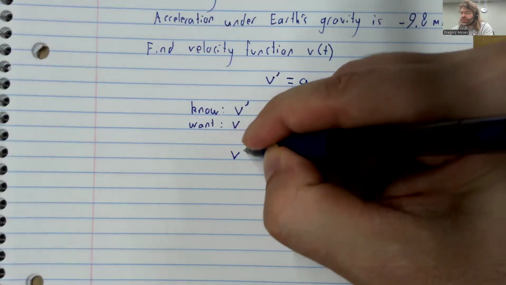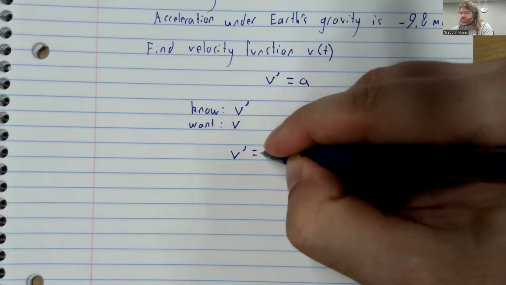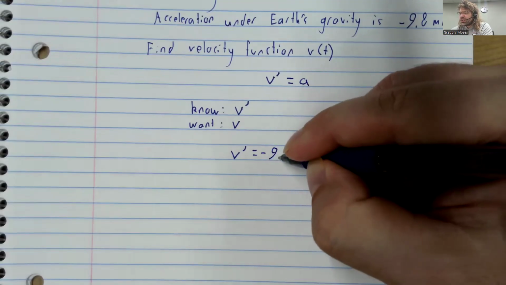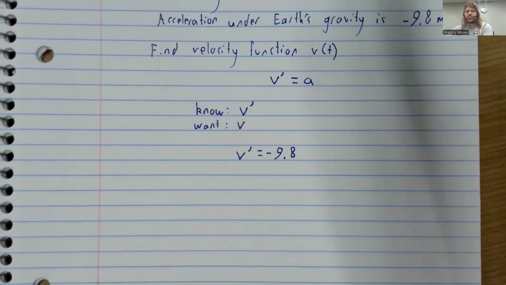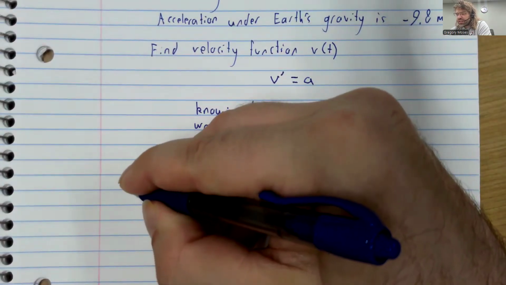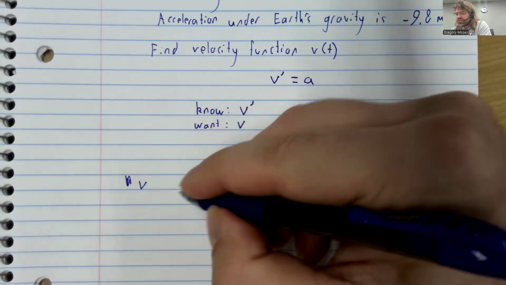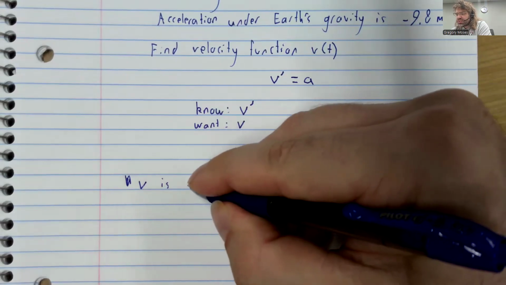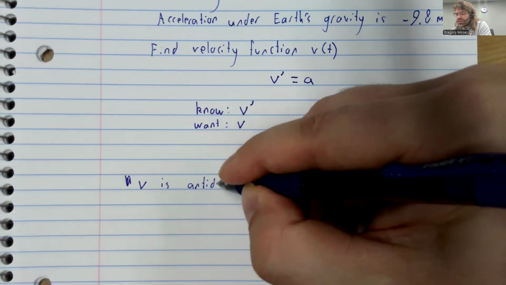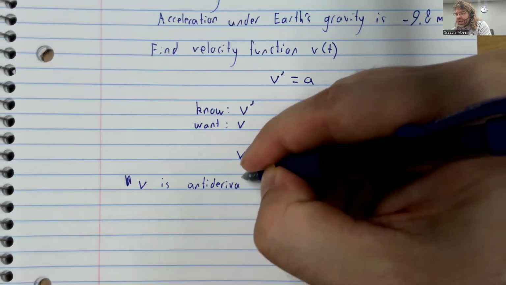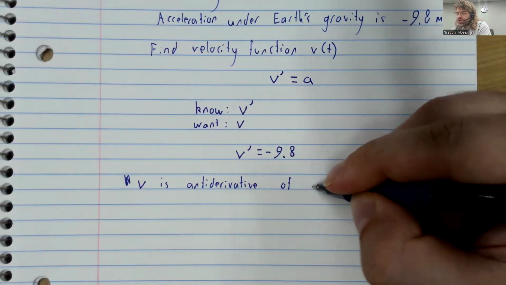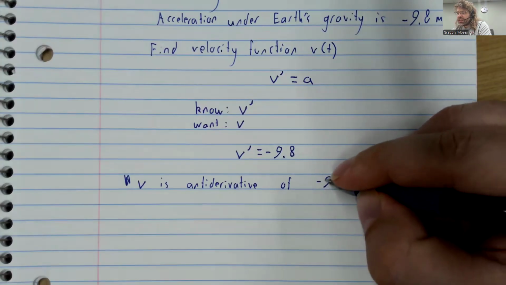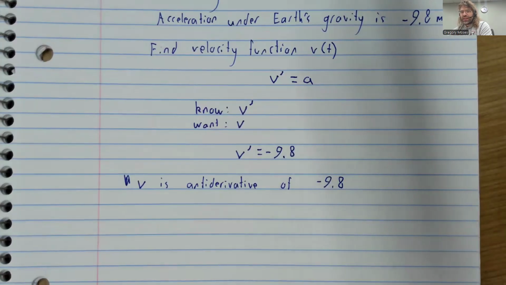So the derivative of the velocity is negative 9.8. And we want an antiderivative. The velocity is an antiderivative of the acceleration of negative 9.8.